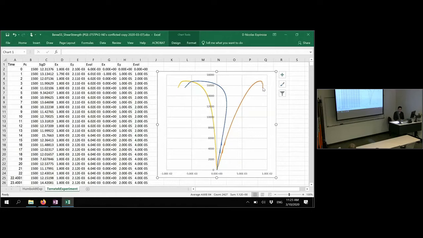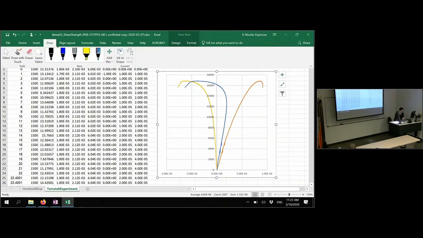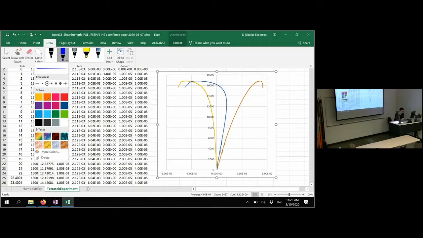If I were to unload this sample, something that we did, but we're not showing the data in this experiment, the strain will come back very likely around this path, and that will be an irrecoverable deformation. Let me change.